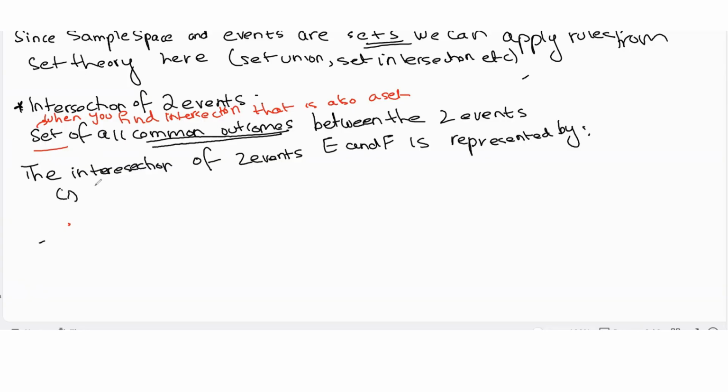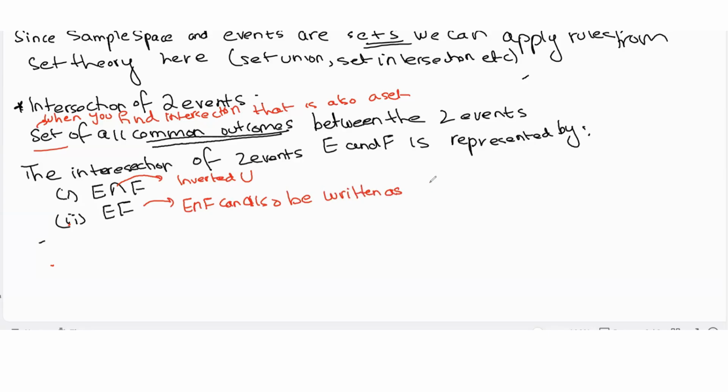We can write it as E intersection F, using an inverted U. We can also represent the intersection of two events, E and F, as just EF, without the inverted U sign, without the intersection sign.